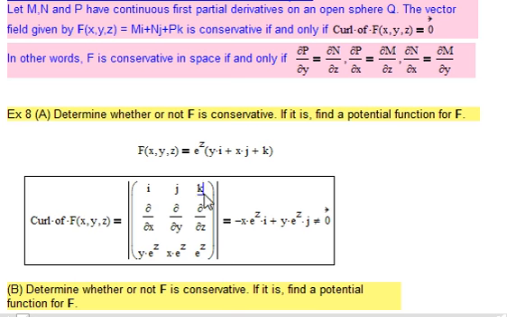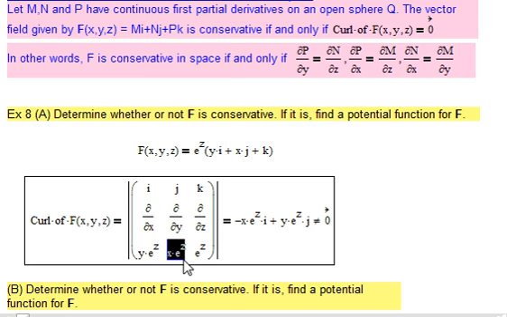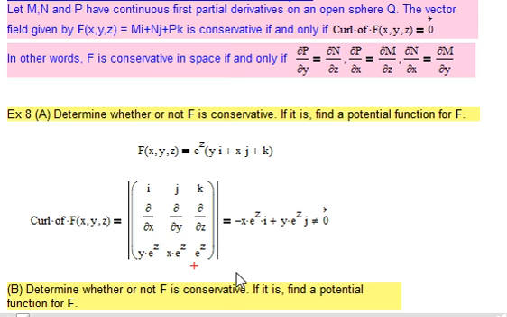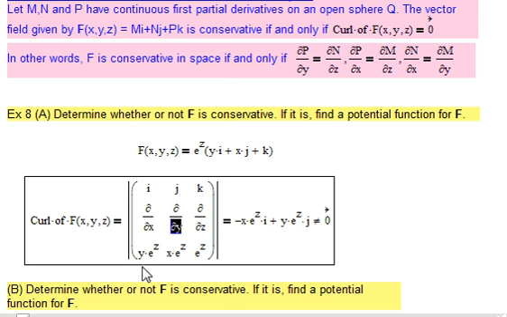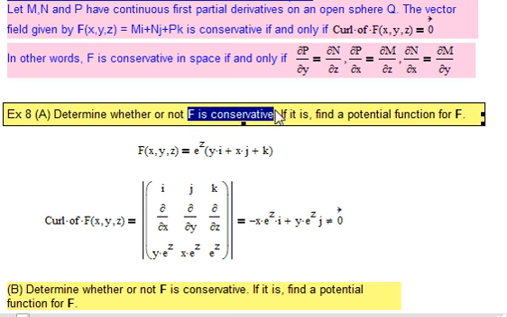And k times the partial of this with respect to x, which would be e to the z, minus the partial of this one with respect to y, which would be e to the z. So e to the z minus e to the z is 0k. So we got negative x e to the z i plus y e to the z j, and really I didn't need to go that far. I just needed to show that this wasn't 0, because what we have in fact is that this is not the zero vector. Therefore, not conservative.